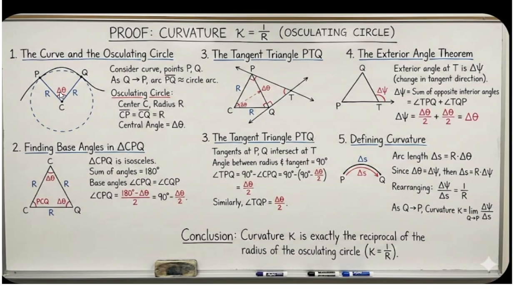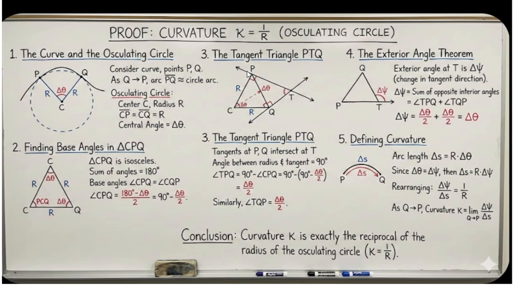Now whenever Q tends to P, the part of the curve becomes part of the circle, and we get an osculating circle. What happens to the change in the tangential direction? You draw tangents at P and Q, and you have to measure the change in the tangential direction.